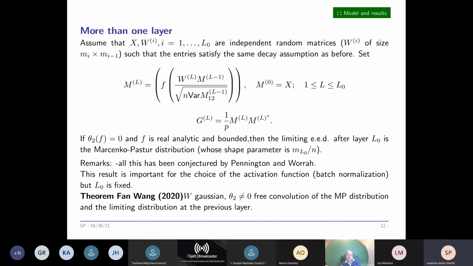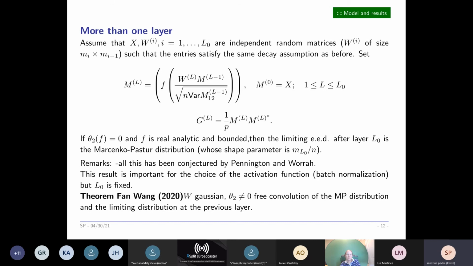And what we show is that provided the number of layers does not grow with n, the limiting distribution of GL is always the Marchenko-Pastur distribution, but the aspect ratio depends on the layer.